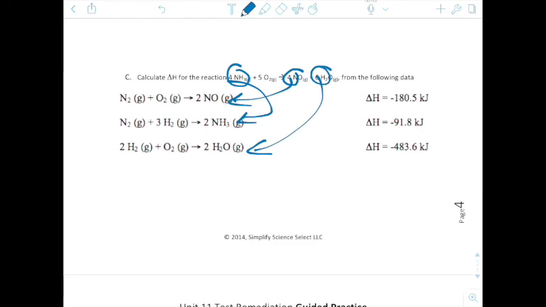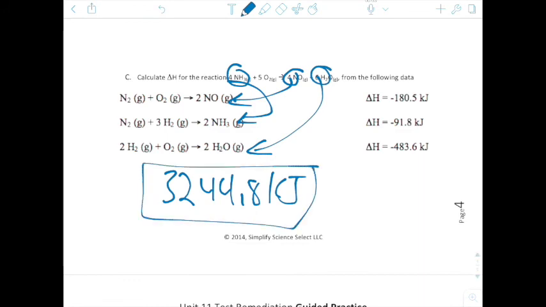It's products minus reactants, and we should get a value of 3,244.8 kilojoules for our delta H value.